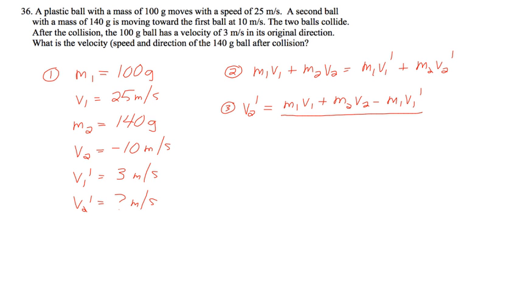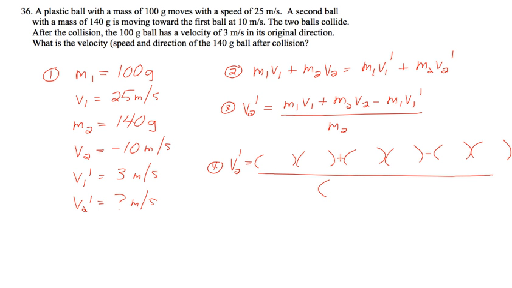And then we're going to divide by m2, because at this point we would have this term isolated, but I just want v2 prime, so I need to get rid of m2, so I divide both sides by m2. And that's a point. So now we're at 8 points. We're rearranging the equation, and now the last 2 points are substituting and solving. So v2 prime is going to be m1v1 plus m2v2 minus m1v1 prime, all divided by m2.